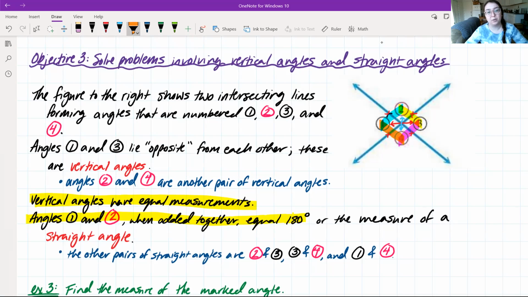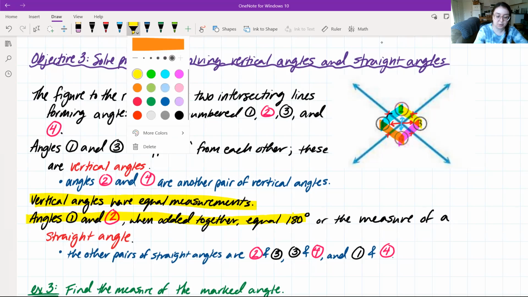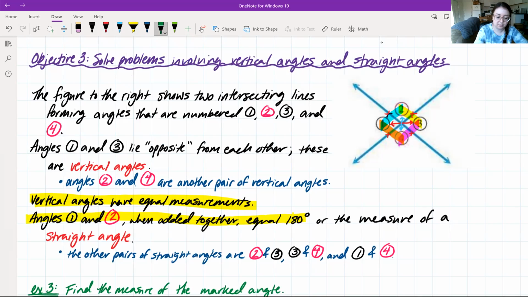So we add those values together. And these are called our straight angles. So main differences to remember: vertical angles are equal to each other in whatever angle degree they are. Straight angles, you add them together to equal 180. So those are the key things to remember.